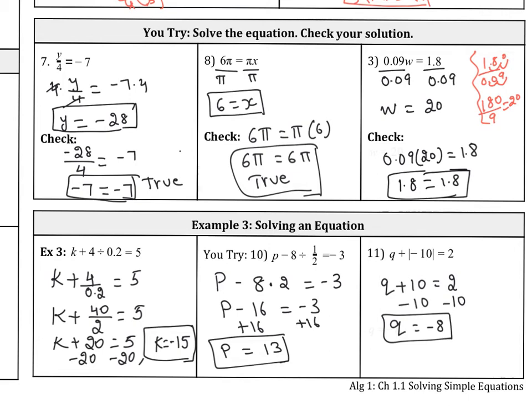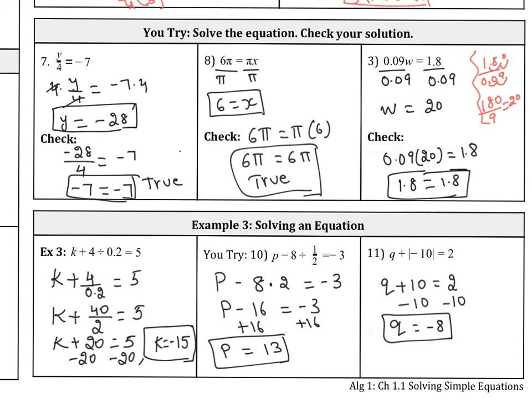Now let's look at number 3 here. You want to get the W by itself, so you divide both sides by 0.09. When you divide decimal numbers, what you can do is move this decimal 2 spaces and add 0 here, and move this decimal by 2 spaces, and you're left with 9 here, and 180 on the top.